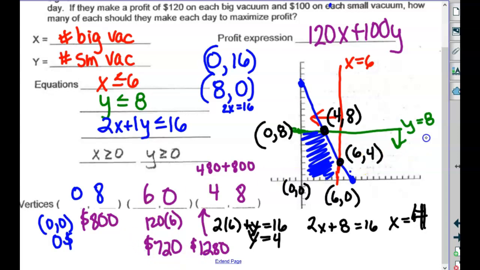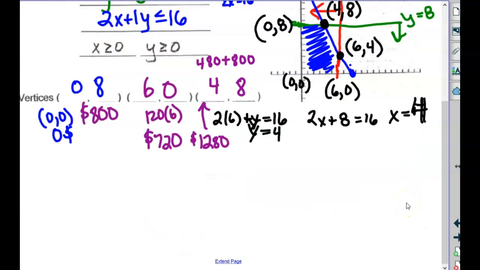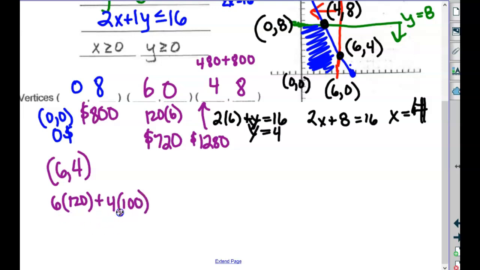And then I'm totally out of room. The last one, what was that last ordered pair? 6, 4? And I covered up my equation. How much is it? 6 times 120 plus 4 times 100? 720 plus 400, 1120.